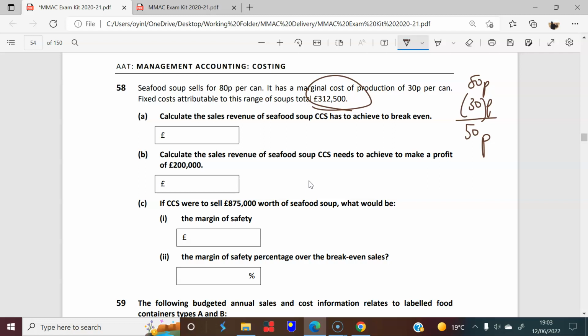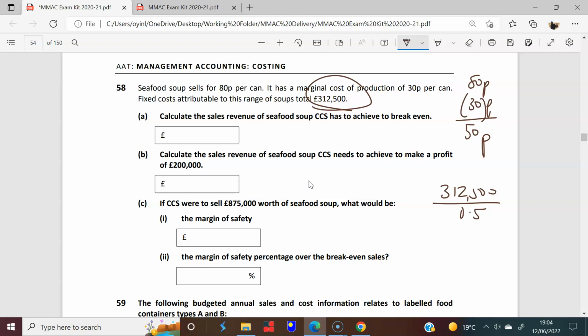Well, fundamentally, the question here is, how many units do we need to break even? And to break even, you need 312,500 divided by 50p, that's 312,500 divided by 0.5.